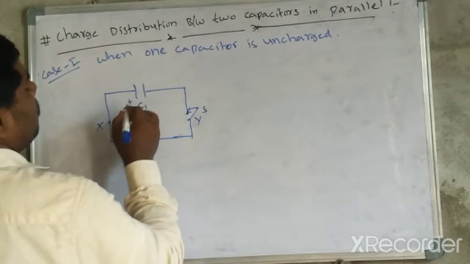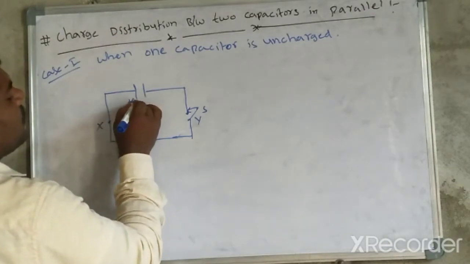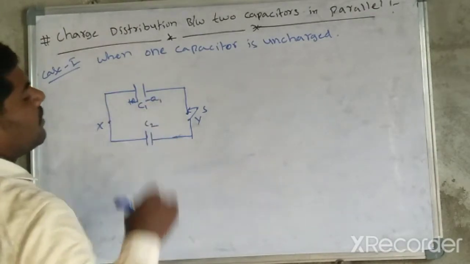For C1, let us consider the left side plate to be plus Q1 and the right side plate minus Q1.